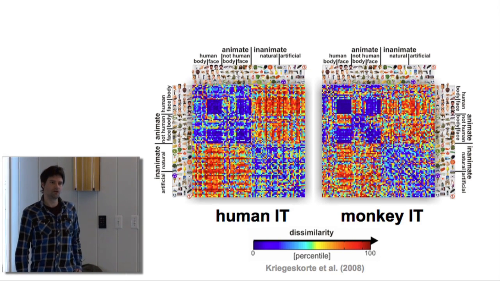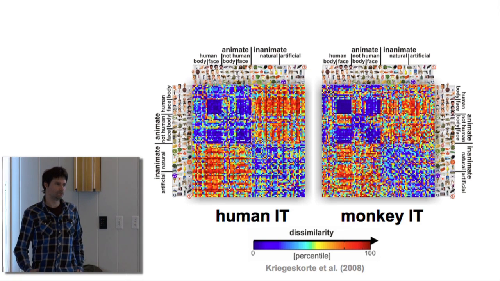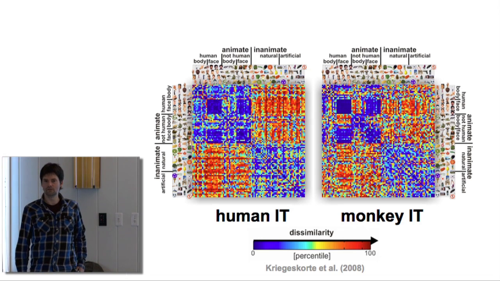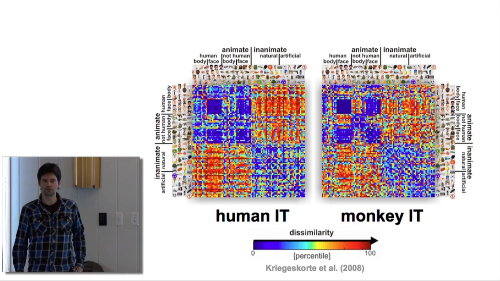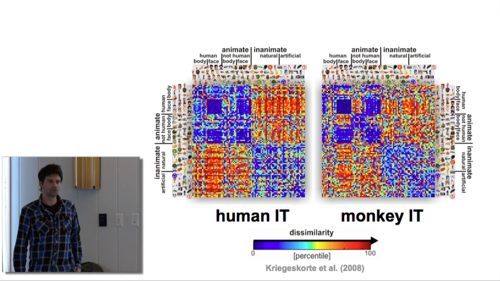Because each dissimilarity is the dissimilarity between 2 patterns, so it kind of combines the evidence across voxels, and that is useful because it utilizes the major strength of fMRI as compared to cell recording, for example, which is the large number of channels. But it's also interesting for cell recording, especially when we have a lot of different neurons, either sequentially measured or simultaneously measured.